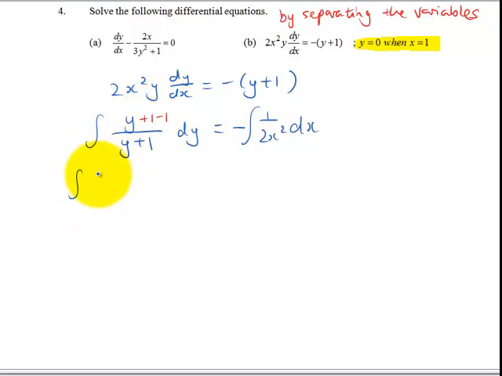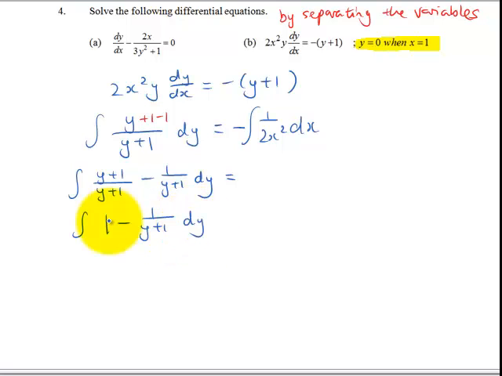So now I can split it up into y plus 1 over y plus 1, minus 1 over y plus 1. So this will cancel nicely to give me a 1, and I'm sure I can integrate 1. And this one can be integrated as well. It will give me a ln.